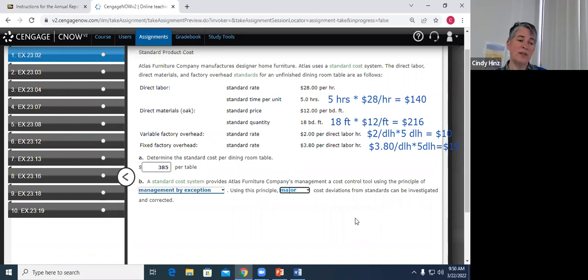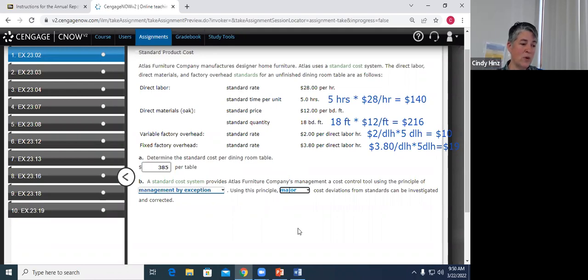The company is going to decide what is a large enough deviation or variance from those standards that it needs to be investigated. They may start with the total cost and say, yeah, that's close enough. They may have a policy that a 1% cost overrun is close enough. It might be 5. If it's within 5%, we're good. They may have a policy that they always look at the various components, direct labor, direct materials, fixed and variable overhead, to investigate differences in each one of those categories.